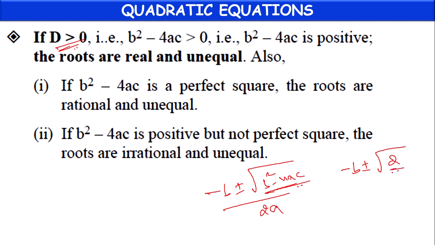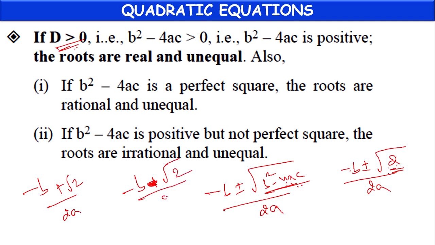Suppose we take 2. Then one root will be minus b plus root 2 by 2a, and the other root will be minus b minus root 2 by 2a.